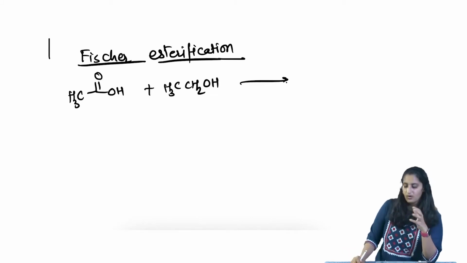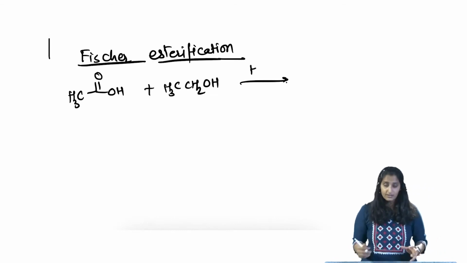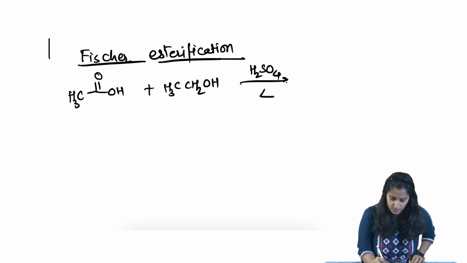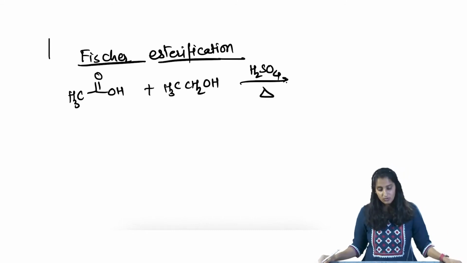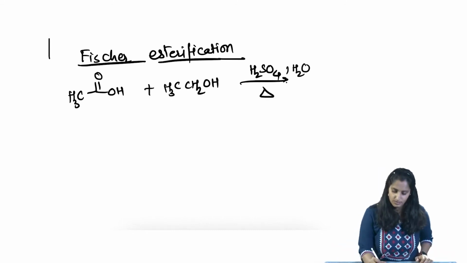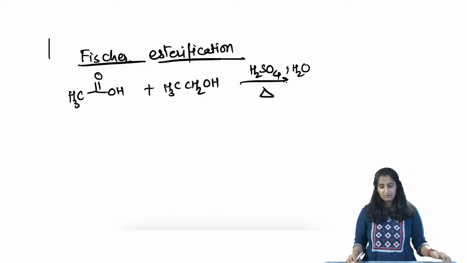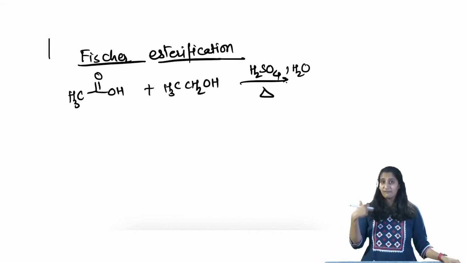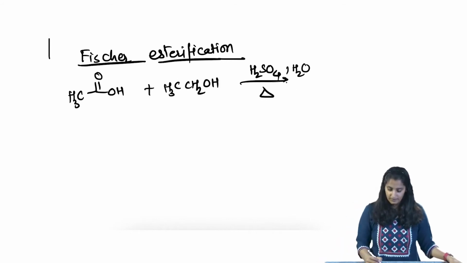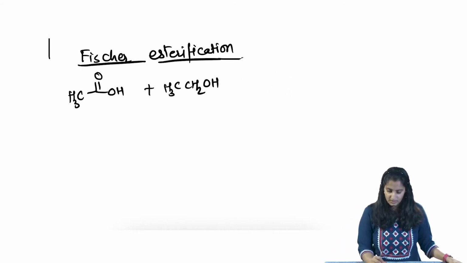Okay. Now, both of these when reacted together in the presence of H2SO4 and heat. Okay. So, we need some mineral acid also, and some water. So, it is going to be H3O plus mainly, and when we heat it, when we reflux it, remember, it is going to form the ester. Okay. So, let me just rewrite this condition.